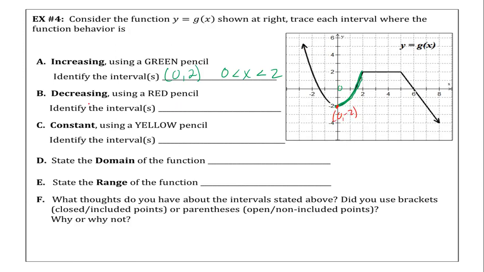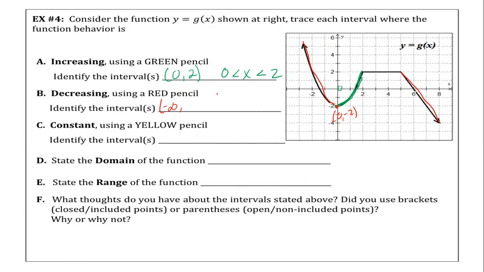Now we're going to do decreasing in red. So this is an interval of decrease, and this is an interval of decrease. Agreed? So I have 2 intervals of decrease, and I'm going to write them. I start at -infinity, because forever to the left is what? -infinity. I'm coming from -infinity, and I stop at -2.